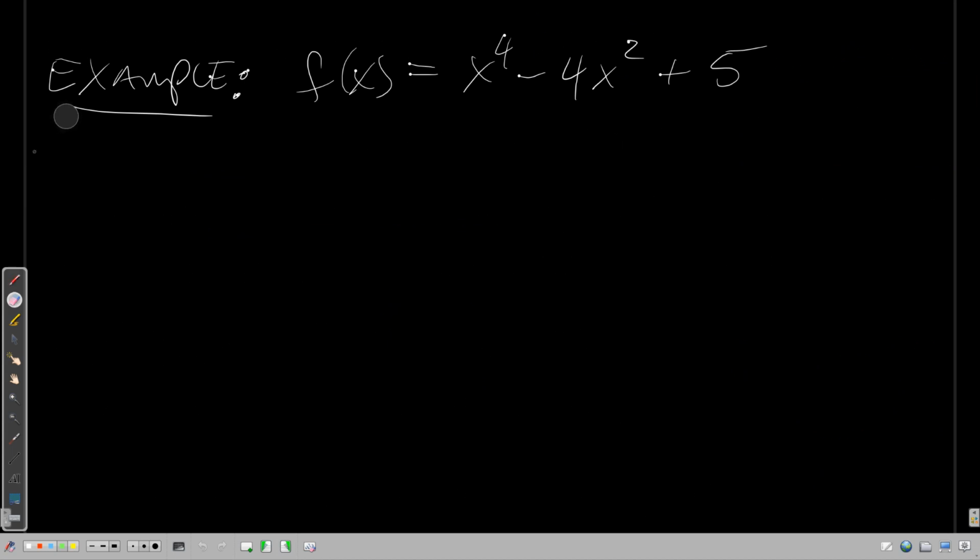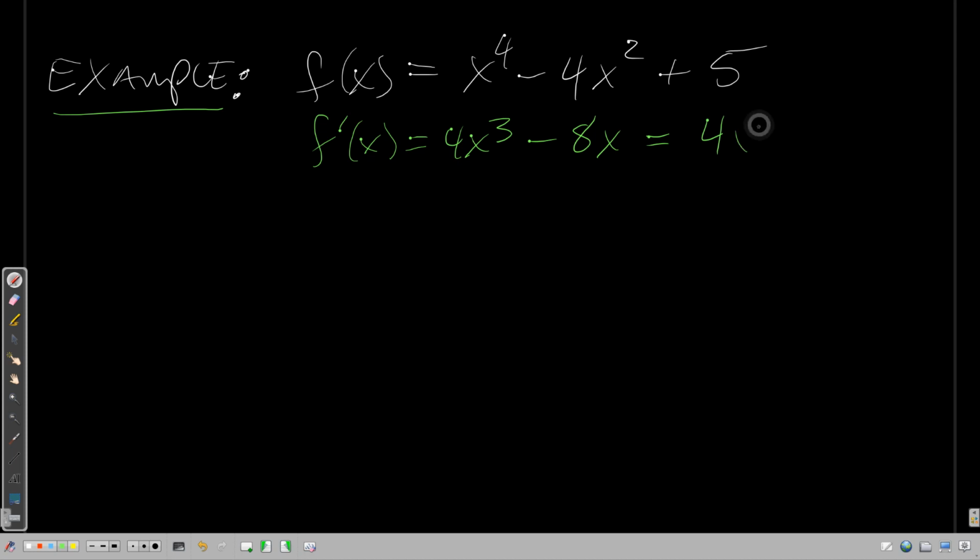Okay, let's find all the intervals where this thing is increasing and decreasing. So f prime is 4x cubed minus 8x. Now that factors like 4x times x squared minus 2.